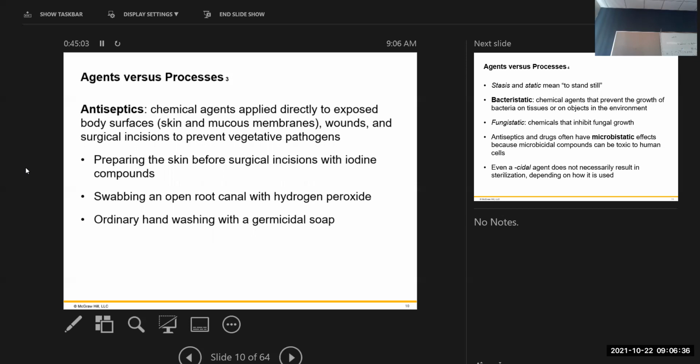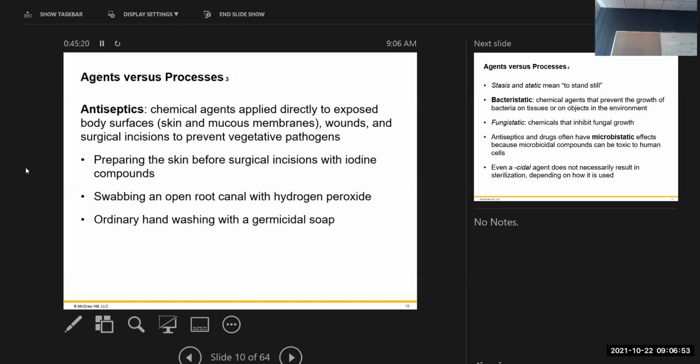That surface, if you need any sort of work, needs to be cleaned before you can have any dental work. So antiseptics are used in that case.